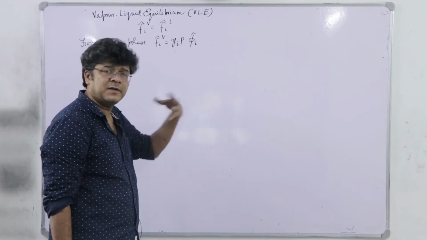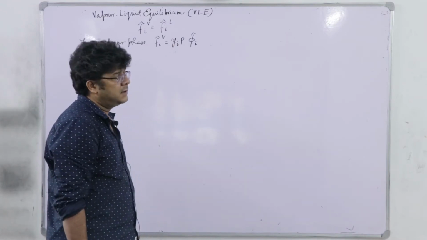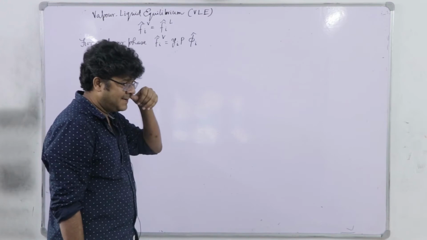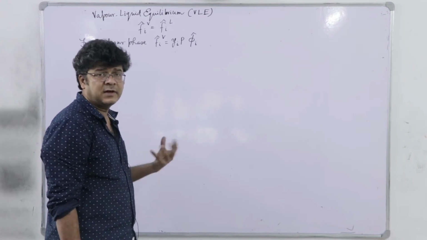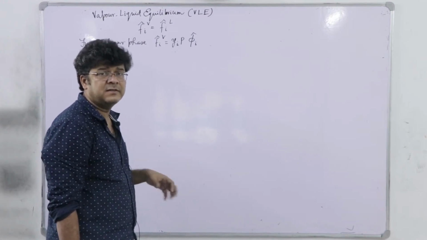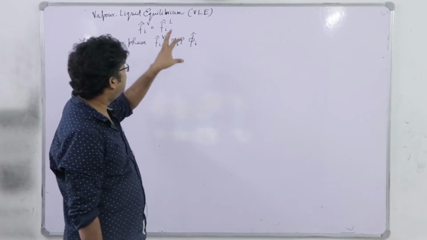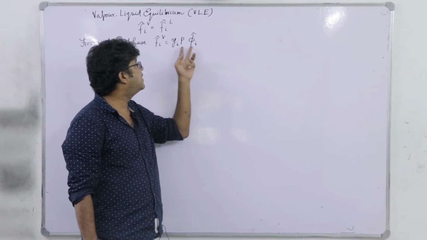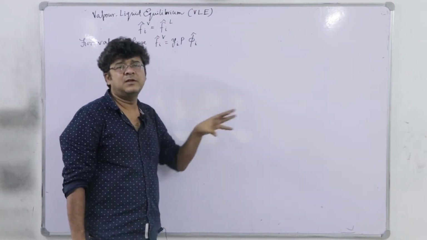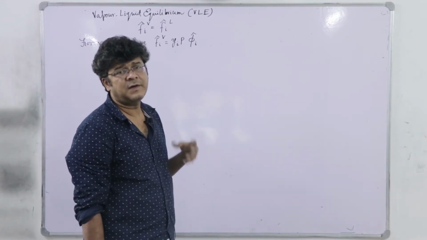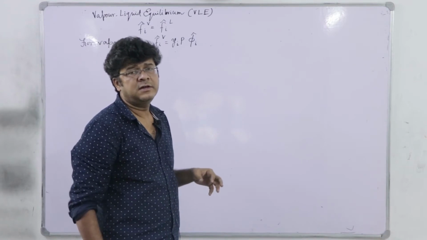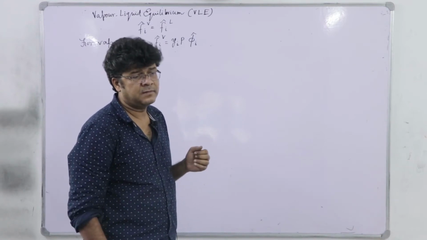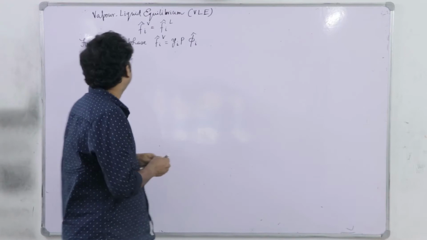Though there are other techniques for solving this phi i cap using cubic equation of state for the mixed gas phase or the vapor phase, for the GET it's not exactly mandatory, so we have skipped that, but still we know how to solve for this phi i cap using the virial equation, right.